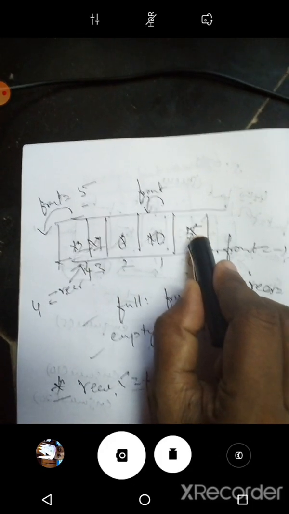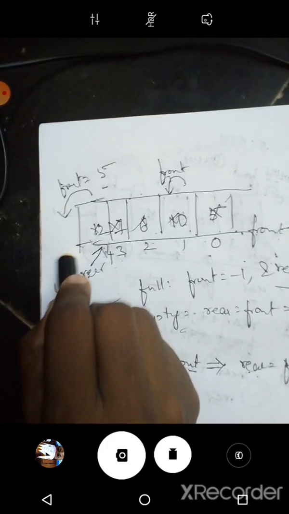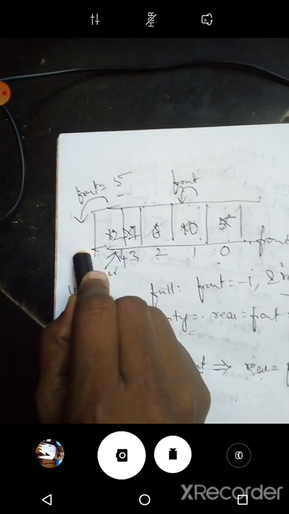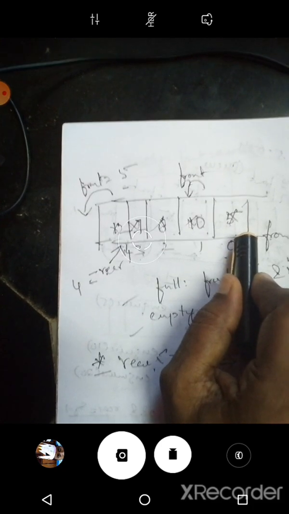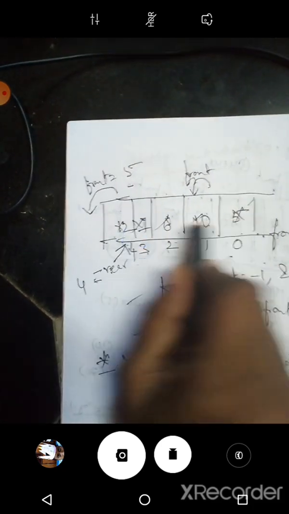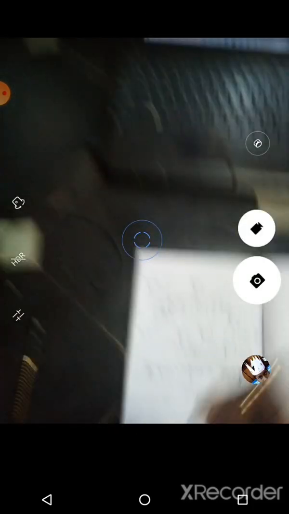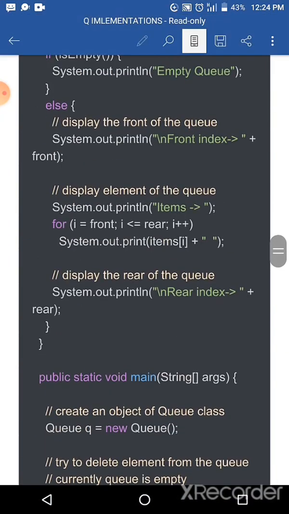The values start from the 0th location to the rear, nothing but from the front to the rear. From the front to the rear, we can remove the elements. In the same way, from the front end to the rear, we can display the elements existing in the queue. So we have to take a loop from front to the rear.